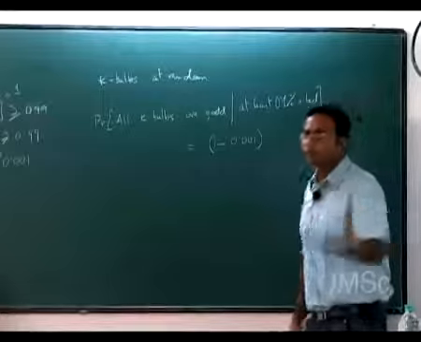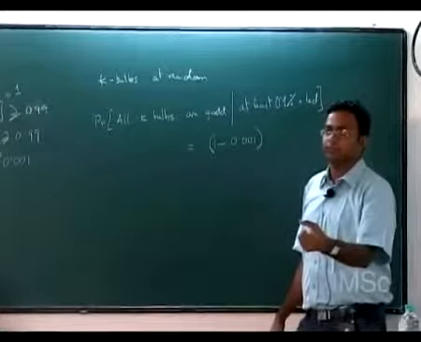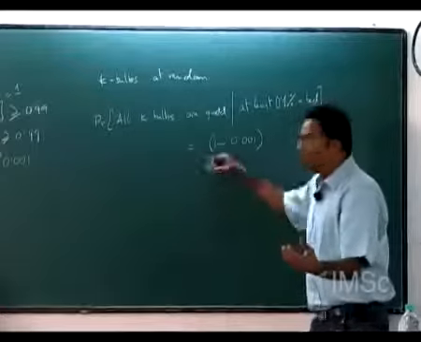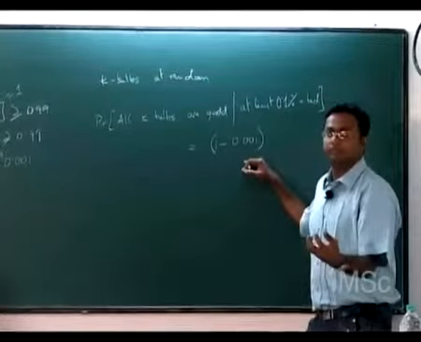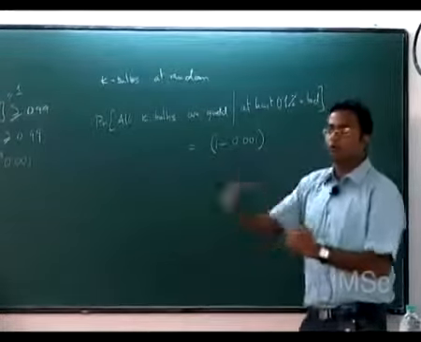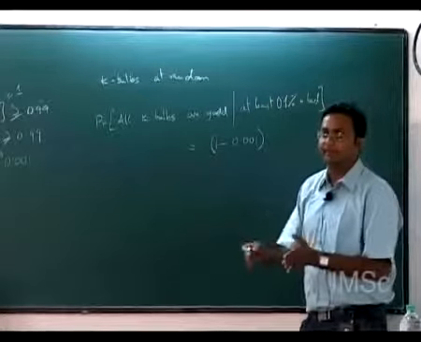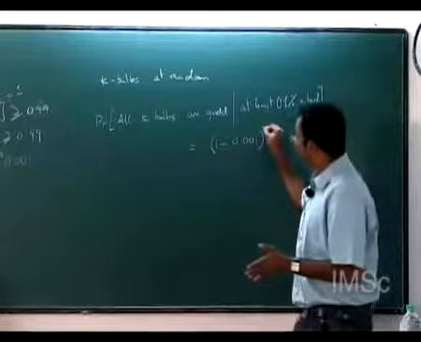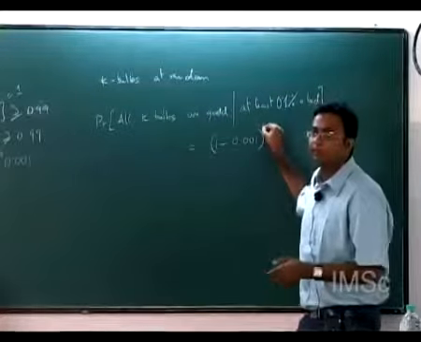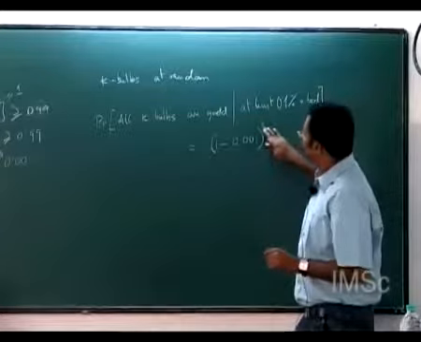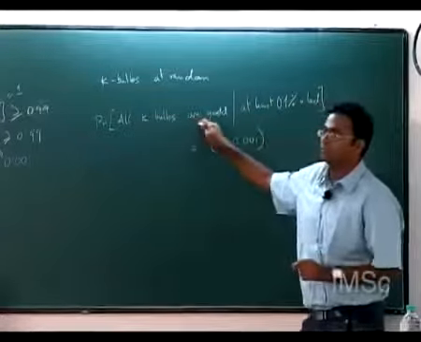The second one was also randomly chosen, so the probability that the second one is also good is exactly this. Since they are independent, the probability that both are good is just the product, the square. Similarly, the probability that all the k bulbs are good is this raised to the power k.